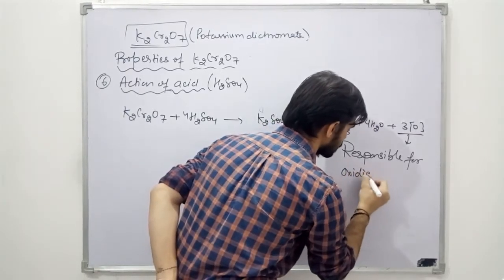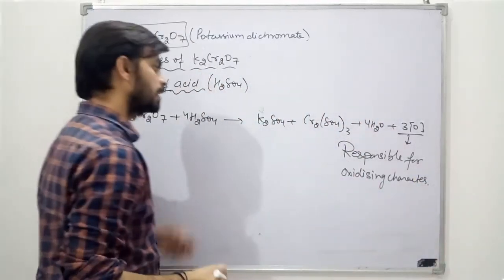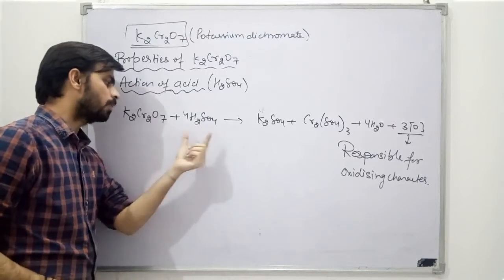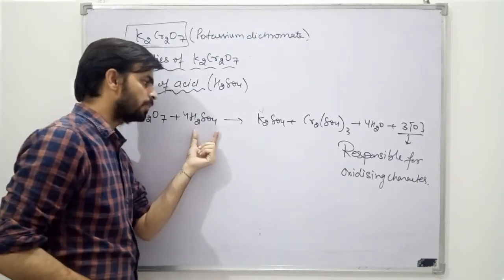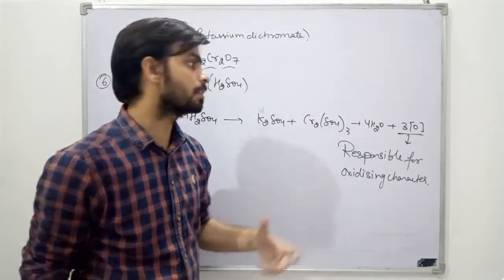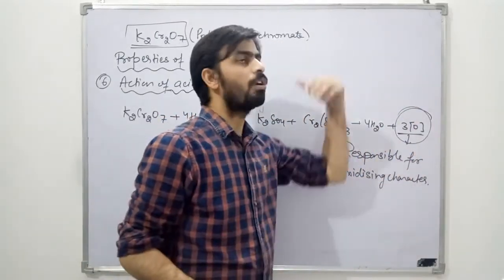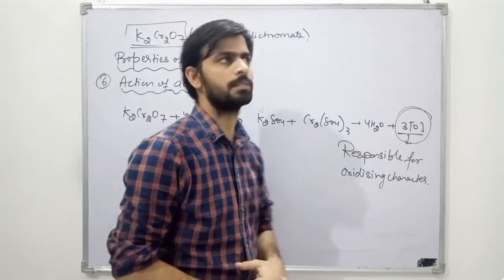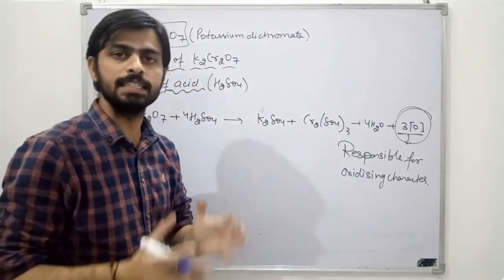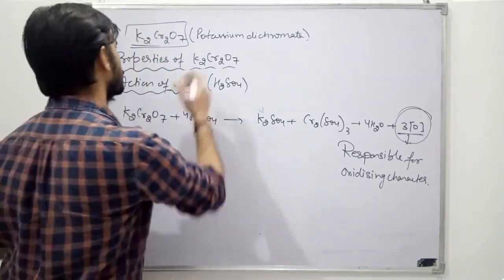That means when we treat potassium dichromate with sulfuric acid, it becomes a very good oxidizing agent, because 3 nascent oxygens are released which oxidize other elements. So here potassium dichromate is a very good oxidizing agent. Let's discuss some properties of the oxidizing character of potassium dichromate.